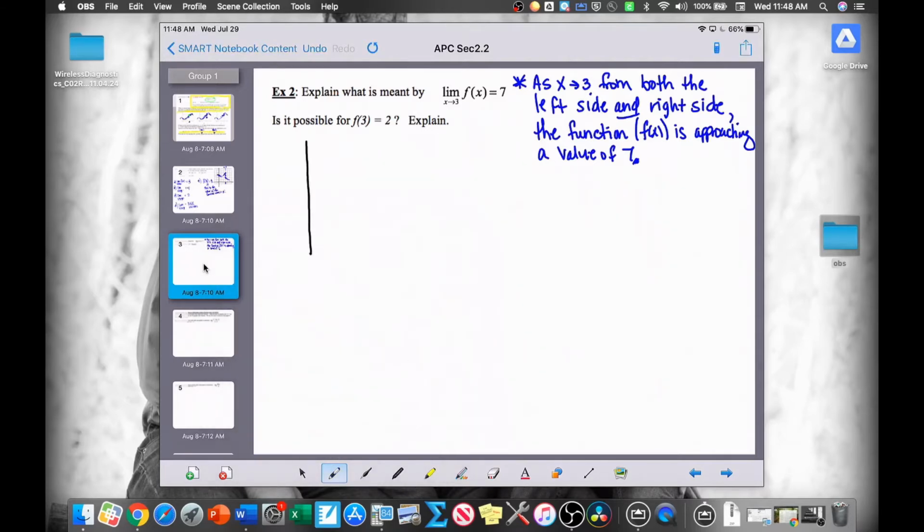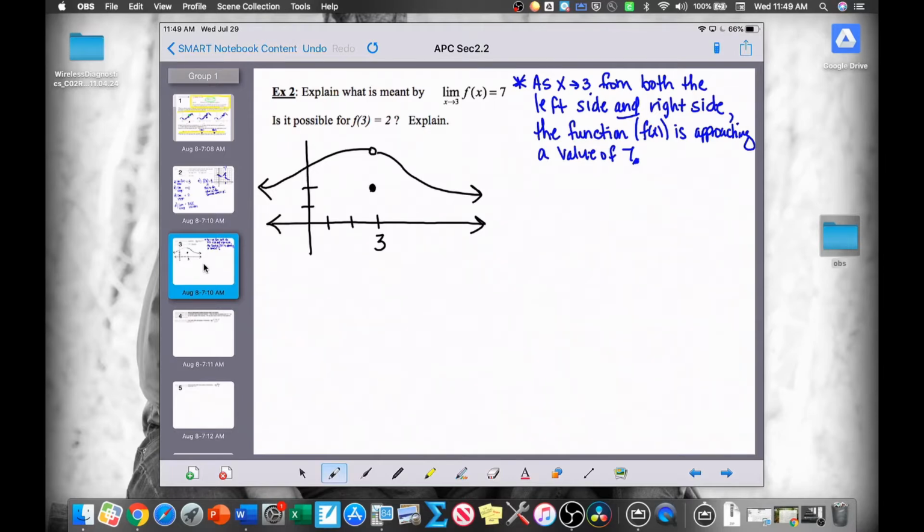A little graphical explanation here would go a long way. So x equals 1, x equals 2, x equals 3 is right here. We could have any function where we have a hole right there when x is 3, and then the actual value of the function is 2.